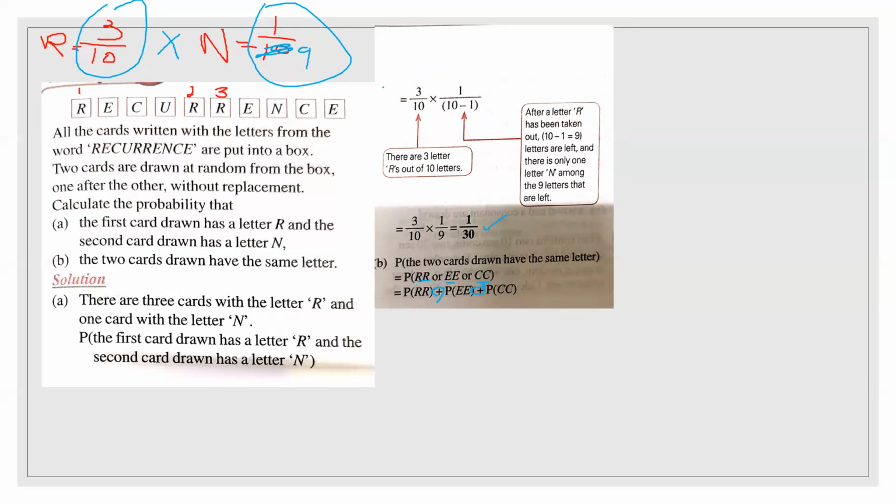How many R do you have? You have 3. How many C do you have? You have 2. How many E do you have? You have 3. So for R it will be 3/10, 10 cards, times 2/9.